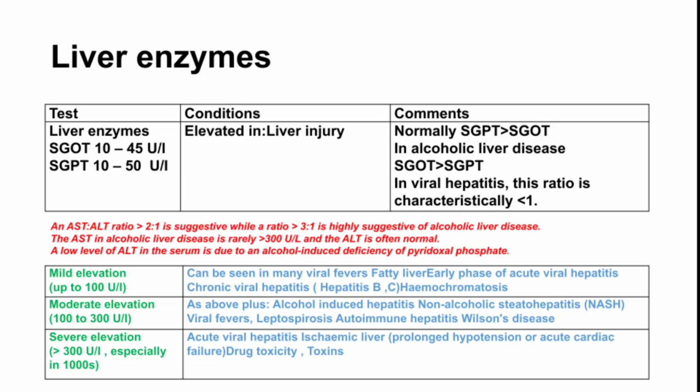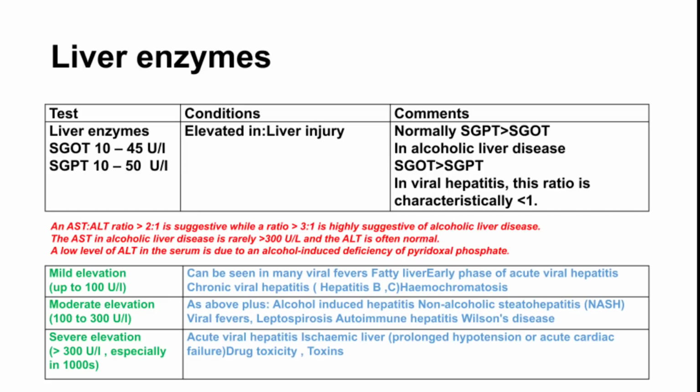Mild elevation is up to 100, moderate elevation is 100 to 300, and severe elevation is more than 300, especially 1000. There are different causes for that, but most of the causes are the same. Patients can have viral hepatitis, fatty liver, non-cirrhotic hepatitis, or autoimmune hepatitis. All these you can see in the hundreds, 100, 200, 300, 400 like that.